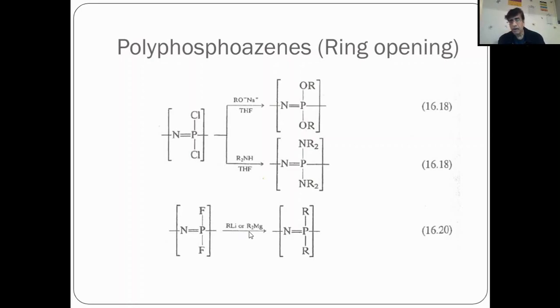Alkyl lithium or alkyl magnesium will be used again under dry conditions. THF will be used, and you get this product. Suppose this is CH3, so this is the carbon-phosphorus linkage, this is the phosphorus-nitrogen linkage, and this is the phosphorus-oxygen linkage. Now all these are stable products which are used for certain applications.